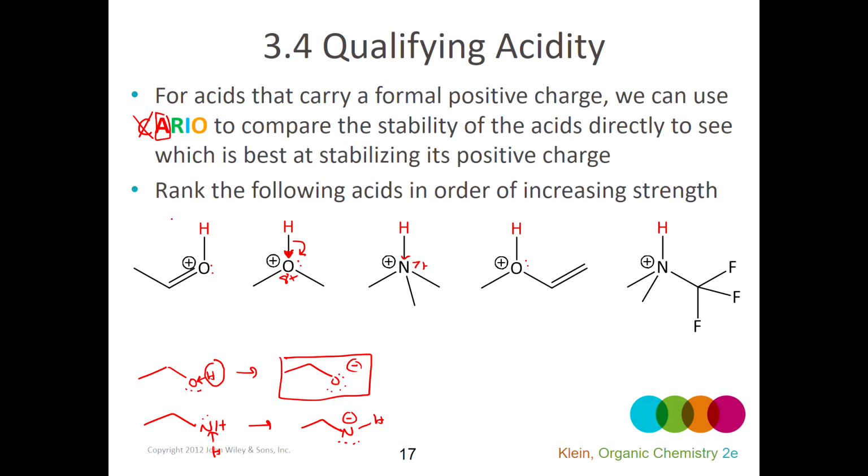So if we want to label these so we can rank them, we can say that if we're going from lowest pKa to highest pKa, the ones with the oxygens will be on the lower end, and the ones with the nitrogens will be on the higher end.